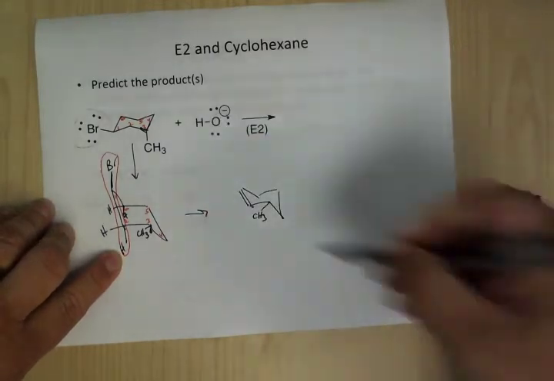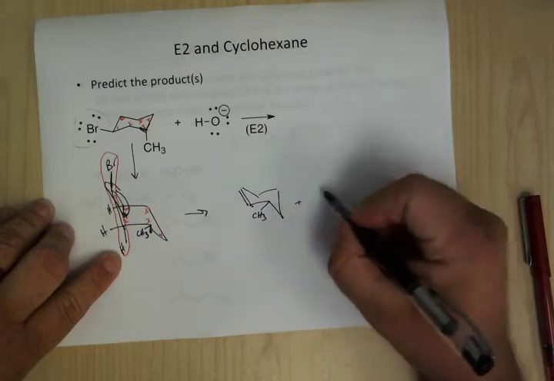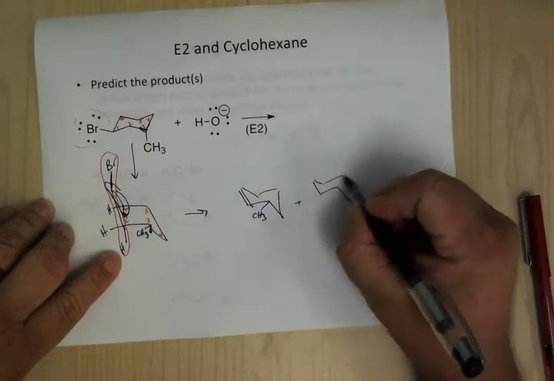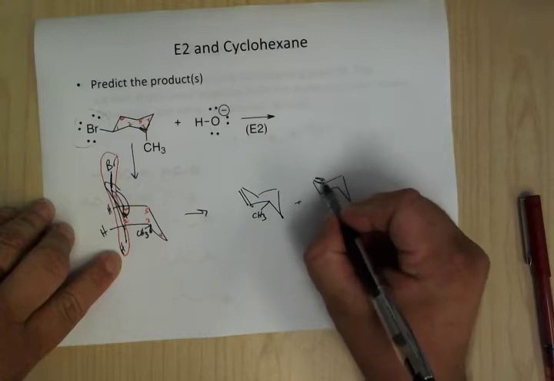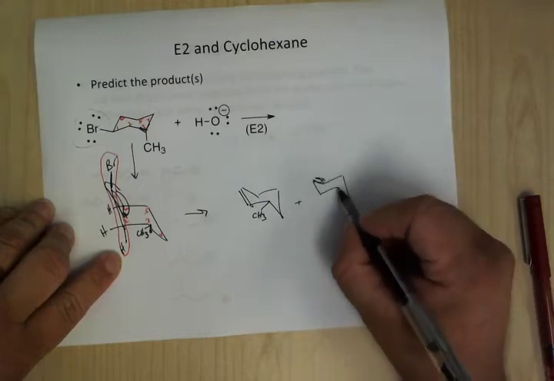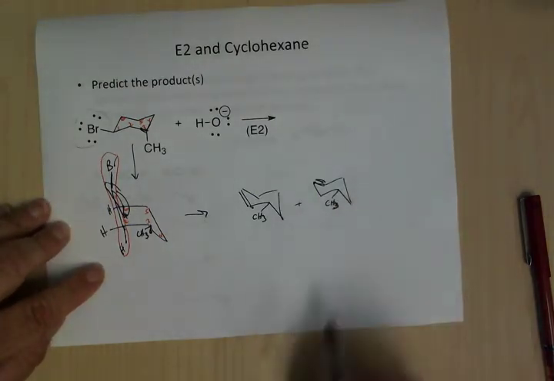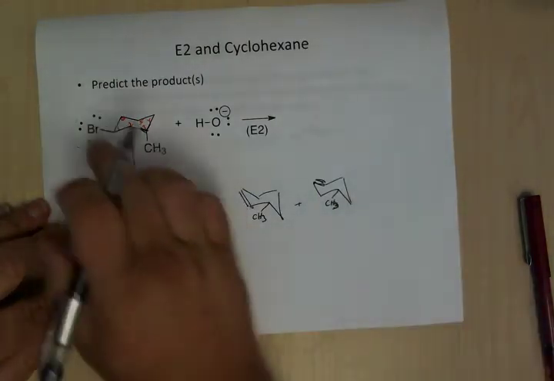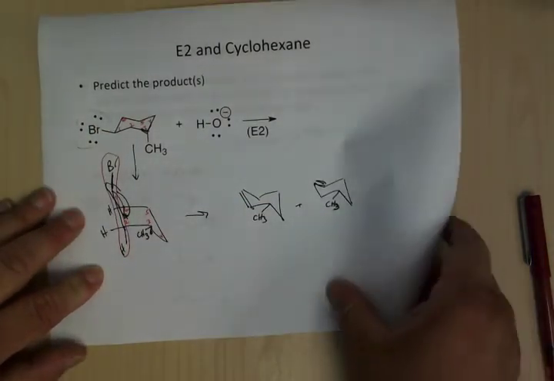If instead you made the bond there, the double bond would be here. CH3. So you get 2 products. Okay. So there you go. The big thing here is if that leaving group is equatorial, you've got to flip it to axial.